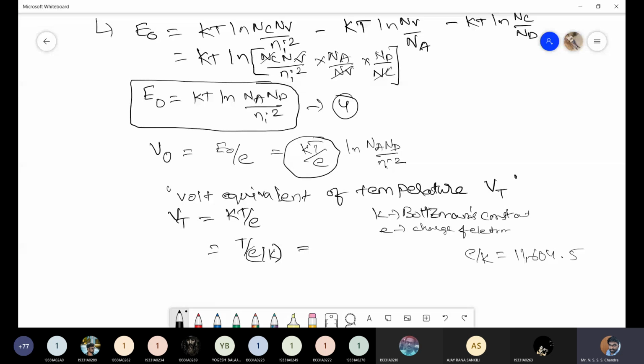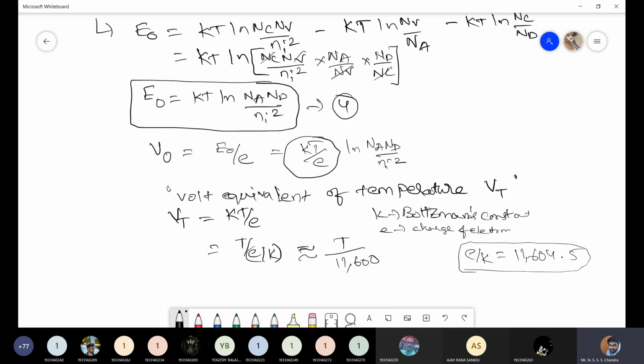It is not exact. Depending upon your calculator, or the approximation you are taking, it might be different. Some might be taking 1.6 into 10 power minus 19, some 1.602 into 10 power minus 19. Similarly for the Boltzmann constant, depending upon the precision, you will get different values. But I'll consider it nearly equal to T by 11,600.